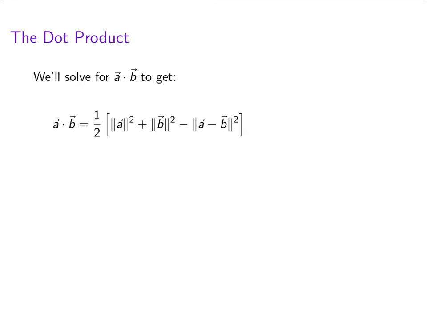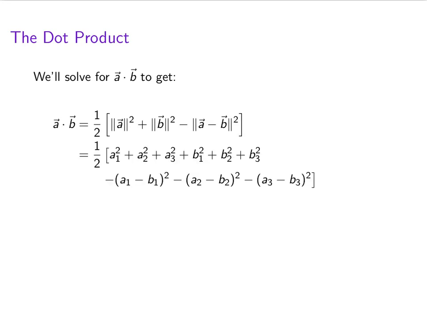All right, so we solve for A dot B, and we get 1/2 the quantity length of A squared plus the length of B squared minus the length of A minus B squared. Now we'll do a little bit of algebra, work out what each one of these pieces is. Length of A squared turns into A1 squared plus A2 squared plus A3 squared. You see, we know what A and B are. We know their components.